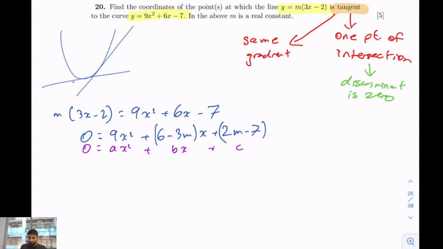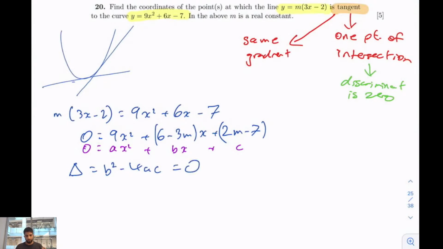So it's a quadratic equation, and this comes in now. There's only one point of intersection, it's a tangent, so the solution of the equation, which gives you the points of intersections, will be only one solution. So the discriminant, which is b squared minus 4ac, must be equal to 0.